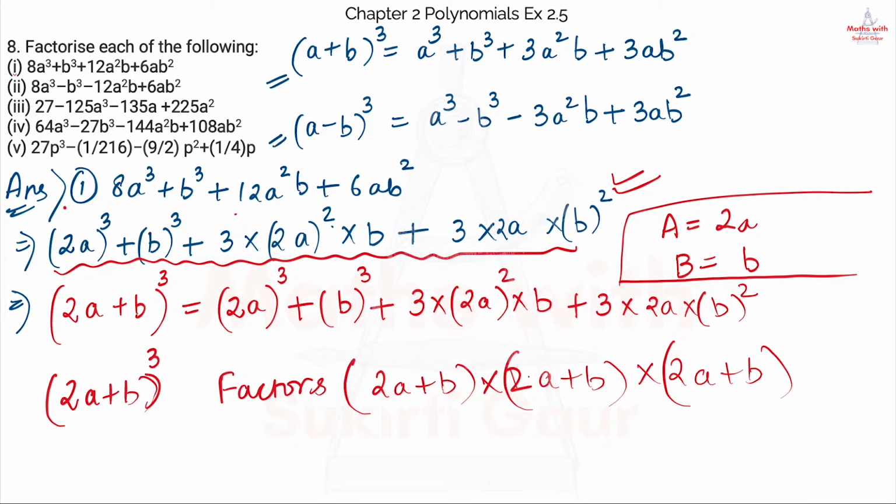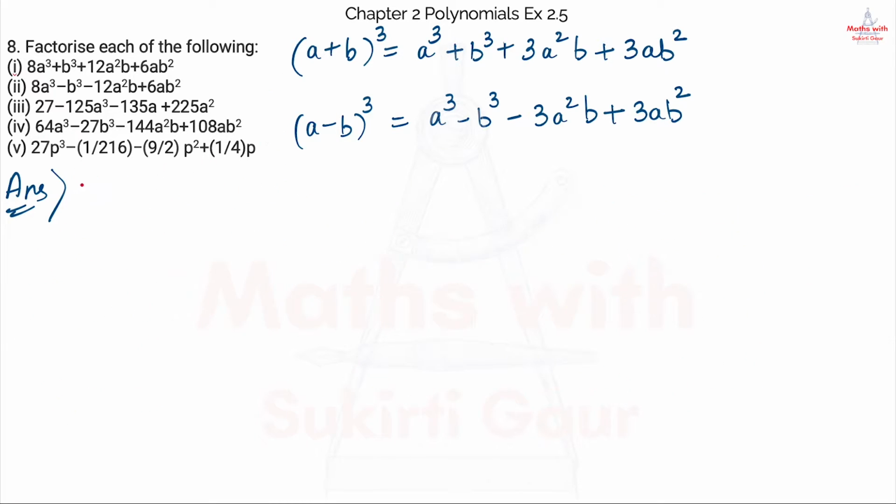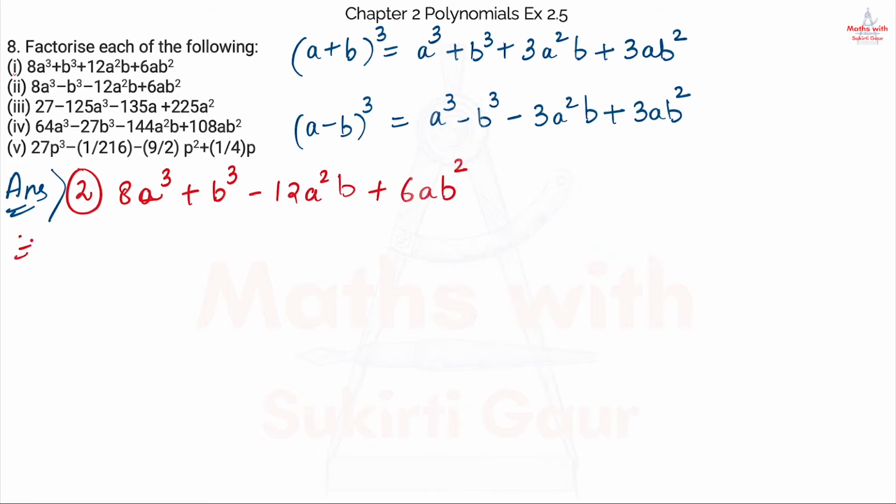Similarly, we are going to do the second one. Now in the second part, we have 8a cube plus b cube minus 12a square b plus 6ab square. Again we have the same terms but different signs.